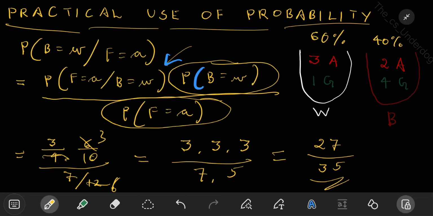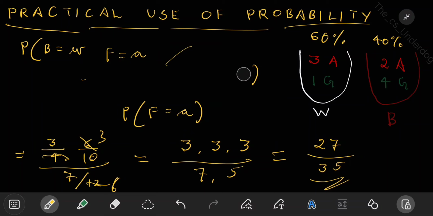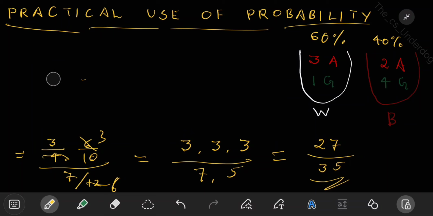You can try solving this and also, in order to verify this, what you can do. So this is probability of bag equal to white given that the fruit selected is apple. This is what you found right now, right?